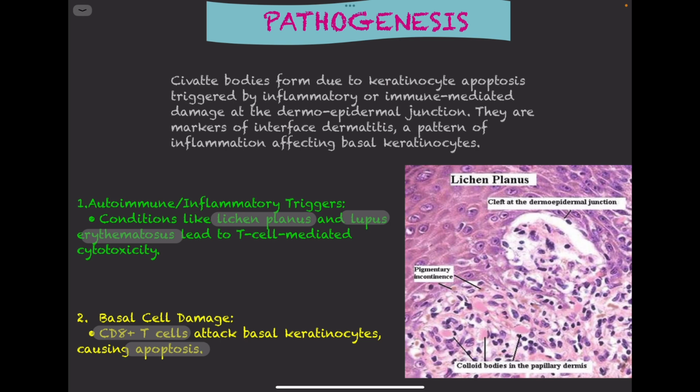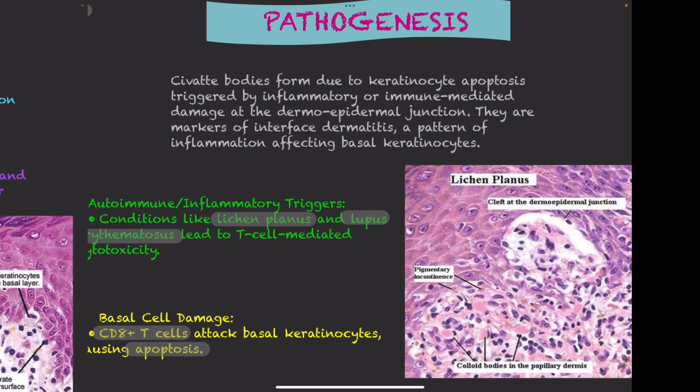So T cell mediated cytotoxicity is ultimately causing the destruction of your basal layer of keratinocytes, leading to formation of your colloid bodies. Then if at all there is a basal cell damage, now what happens once these T cells are triggered, particularly your CD8 plus T cells, they go and directly attack your basal keratinocytes, right? And once they are attacked, they undergo apoptosis.